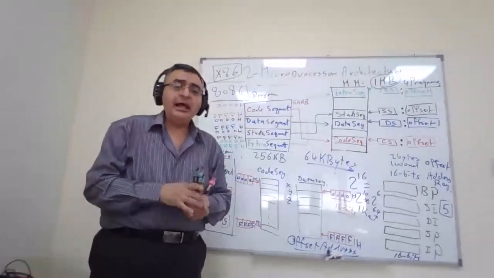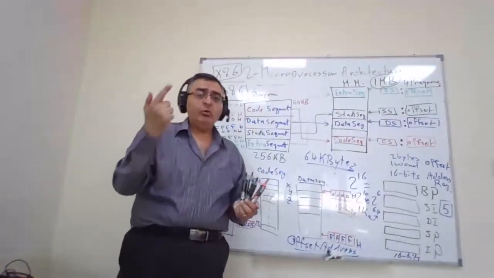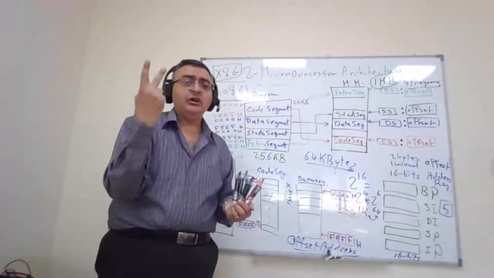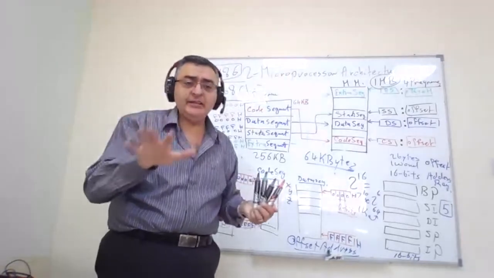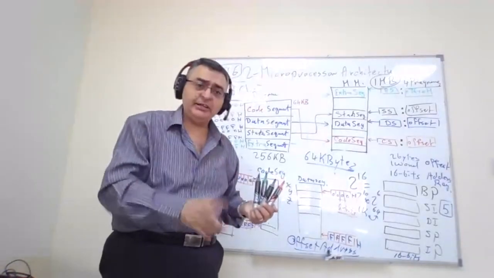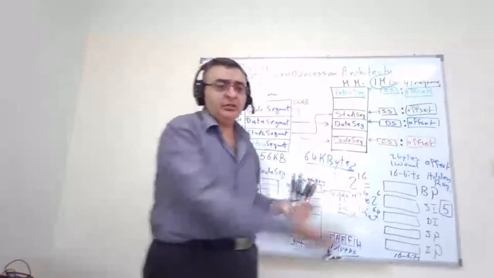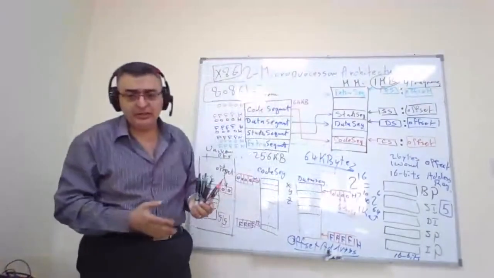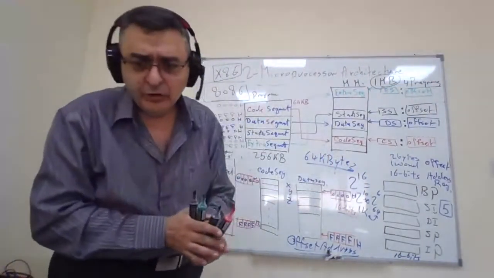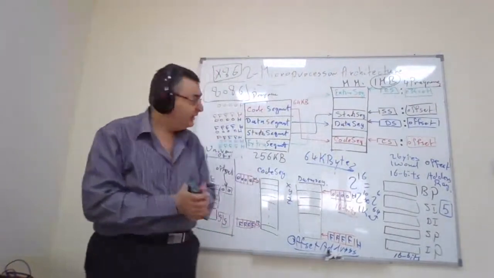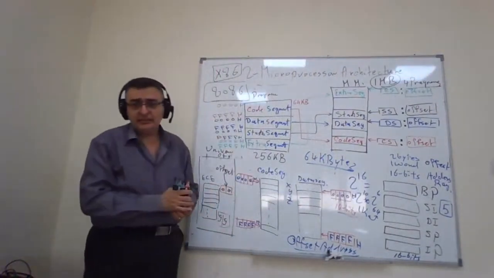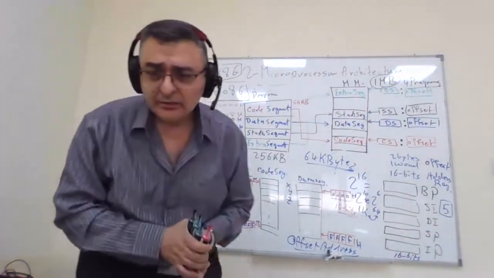You have to know very well in this chapter how to calculate the physical address, what the segment address is, and what the offset address is. We will demonstrate plenty of examples in the next chapter. Agree? Makes sense? Any question?